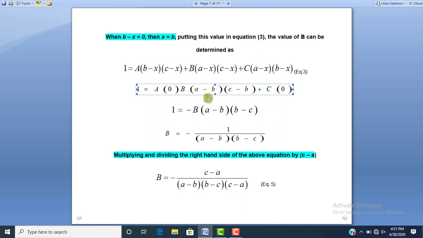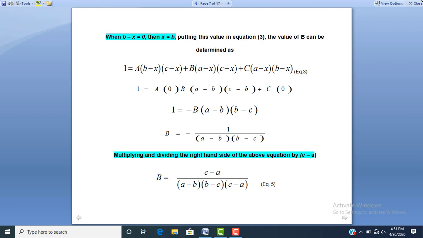I am feeling difficulty writing plus due to the equation editor. My equation editor is not working here. So dear students, you are directed to write plus where my cursor is moving. So the value of b will be minus 1 over a minus b into b minus c.